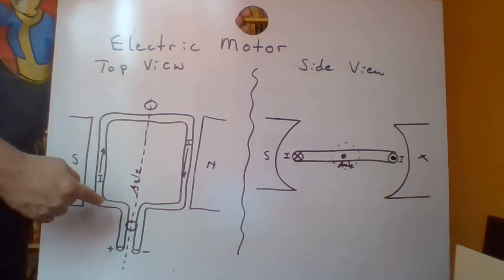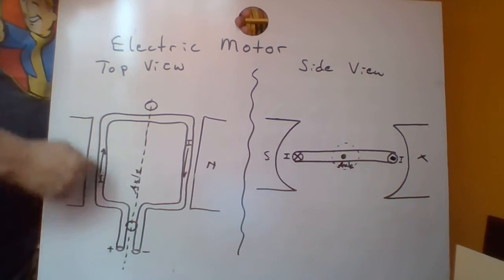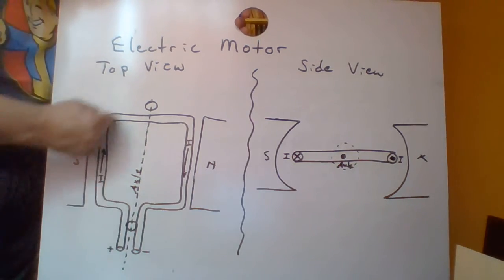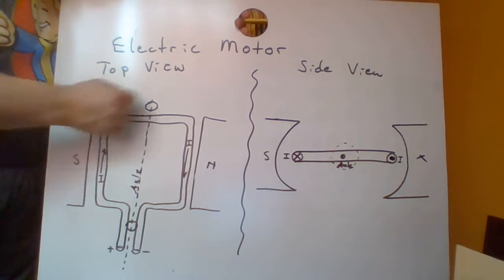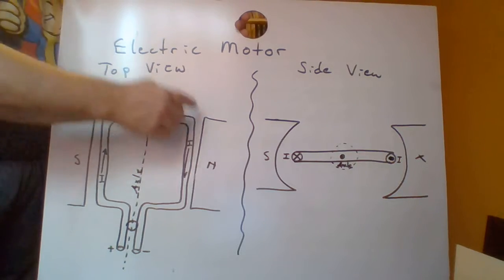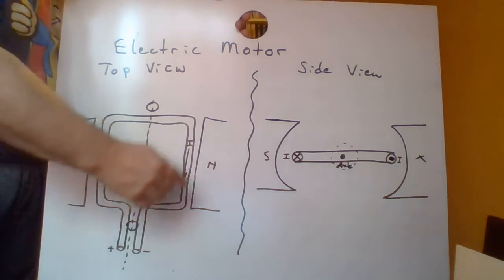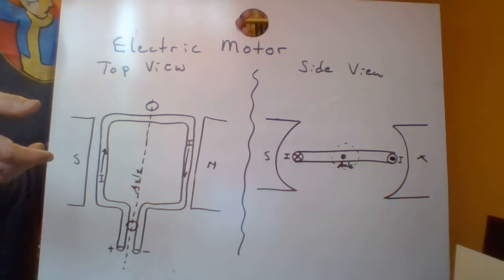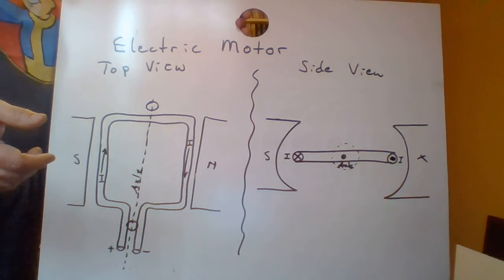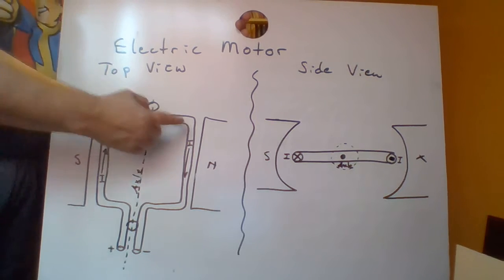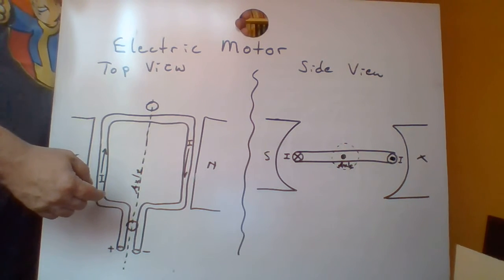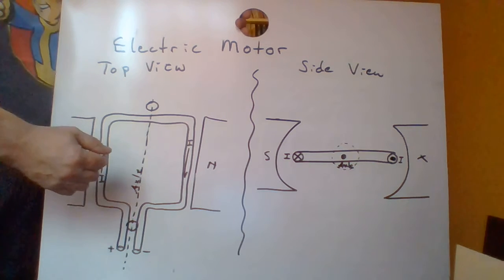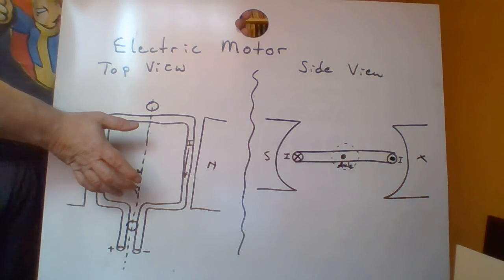What do you think will happen if instead of just one loop, I do 2, 3, 4, 5, 100, 1,000 loops of wire here? I wouldn't have to change the amount of current, would I? But each new loop adds to the magnetic effect, so it adds to the force.